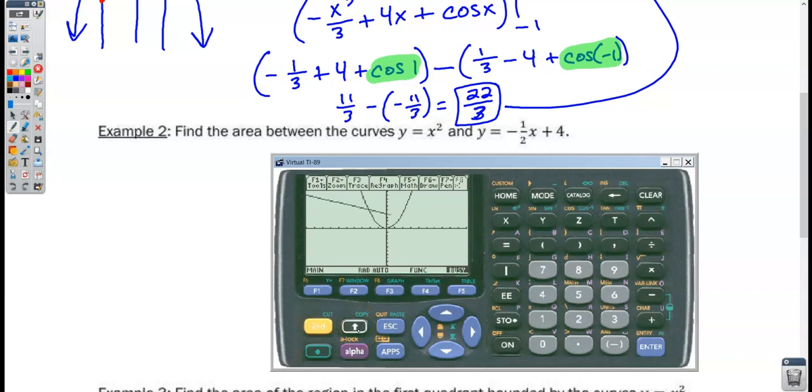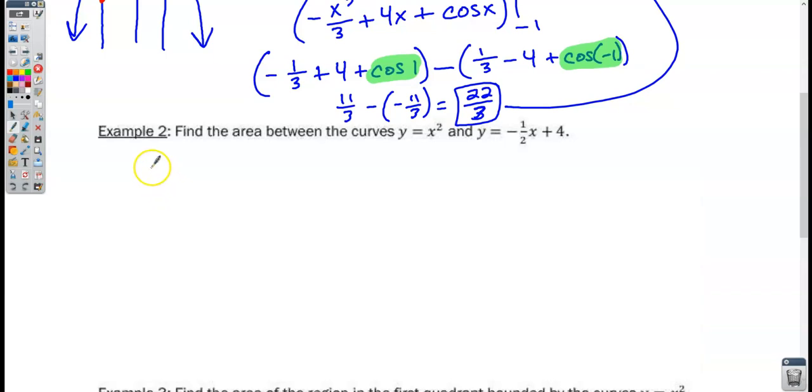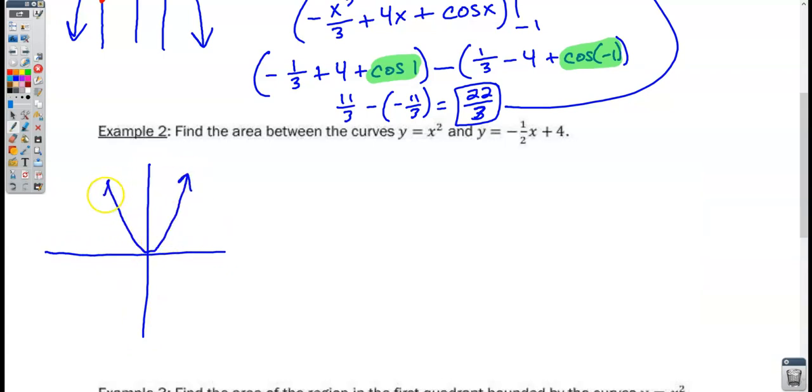There's my parabola. There's my line. And so this is my region here. I need 2 intersection points here in order to find the value for the area. I need the coordinates of both of those points.